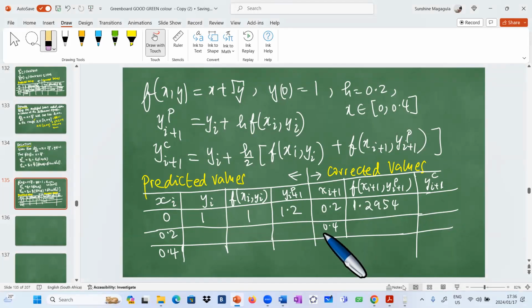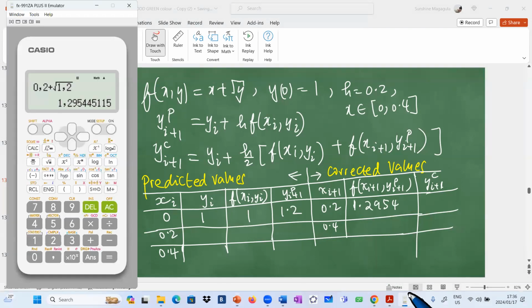If we pick up the calculator, let's just do that quickly. To find the y corrector, by just writing the formulas on top of these, we can quickly see that according to this, it's going to be first yi, which is 1, plus your h. Our h is 0.2, and then divided by 2.